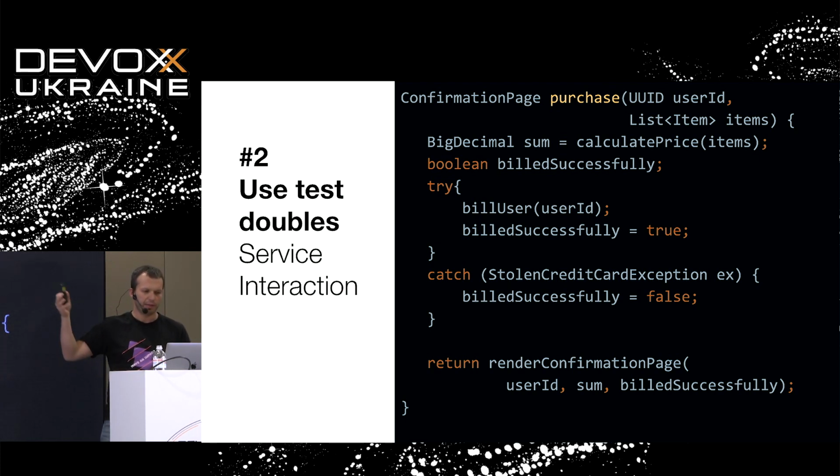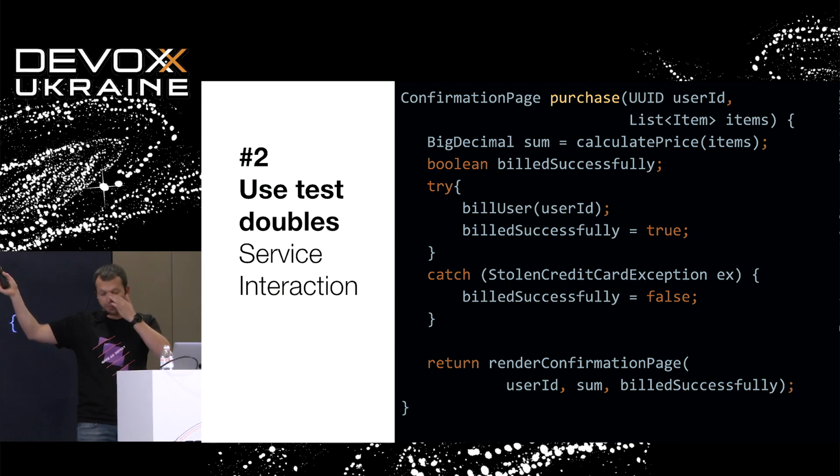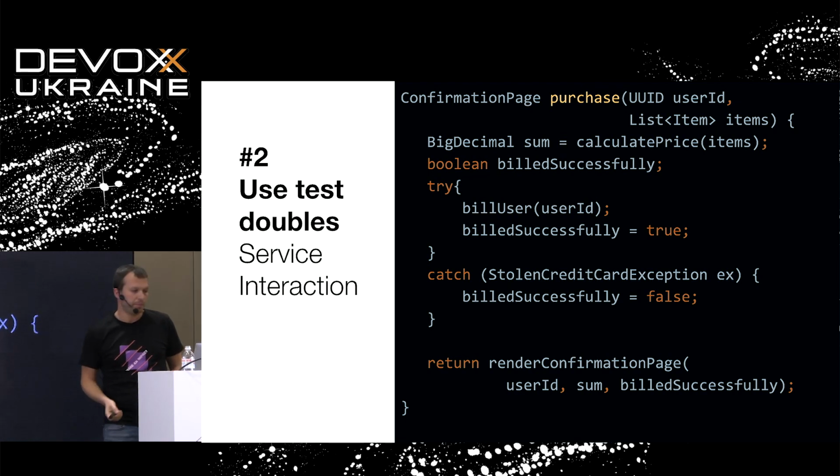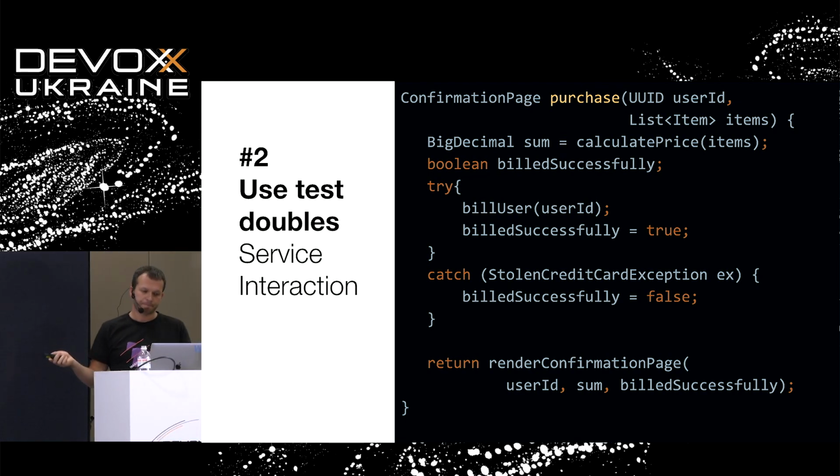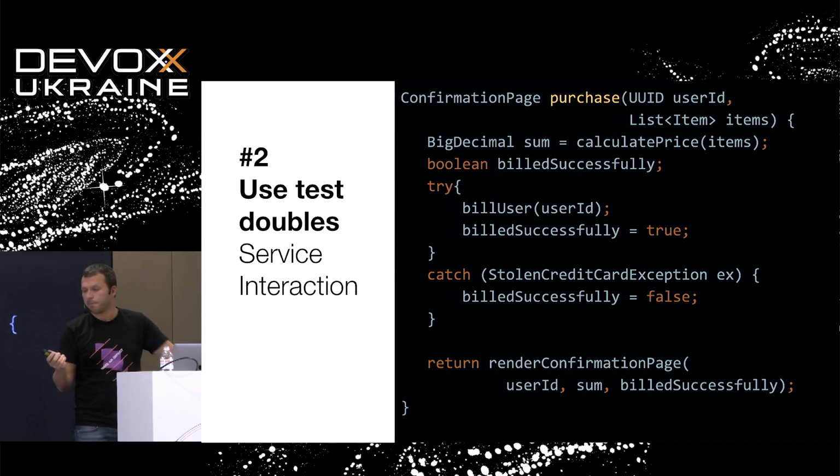Calculate the price, we get the sum. We have a variable for whether billed successfully. Then we try to bill the user. If the user paid, we say it's billed successfully. If there is an exception, the credit card is stolen, we say billed false. Then we render the confirmation page, and we pass this boolean to the confirmation page.